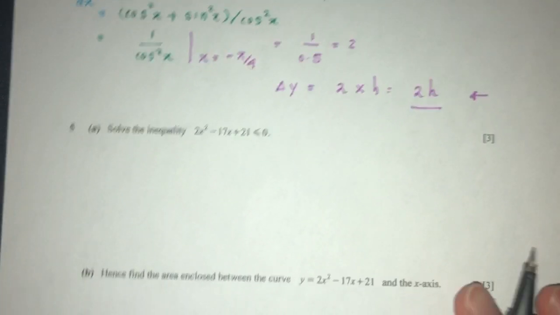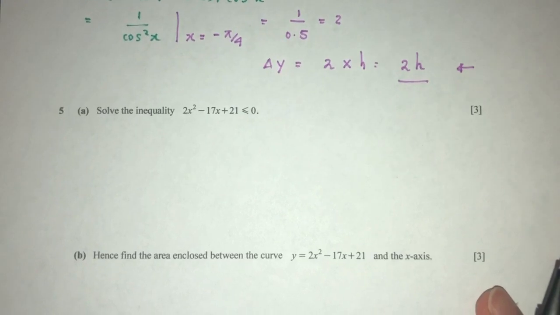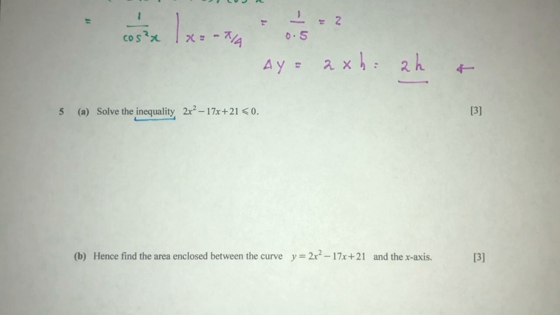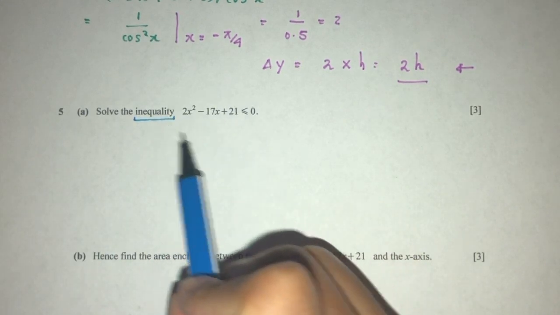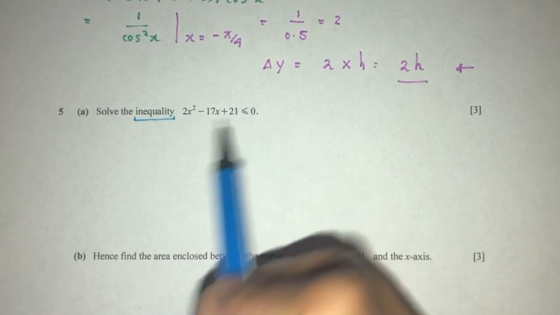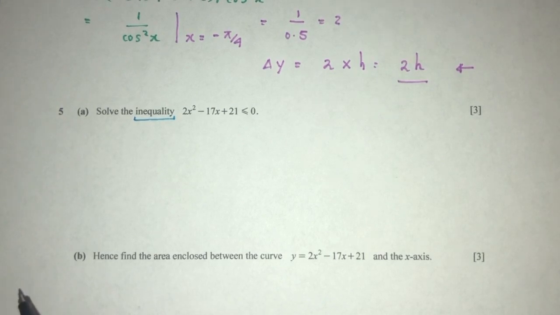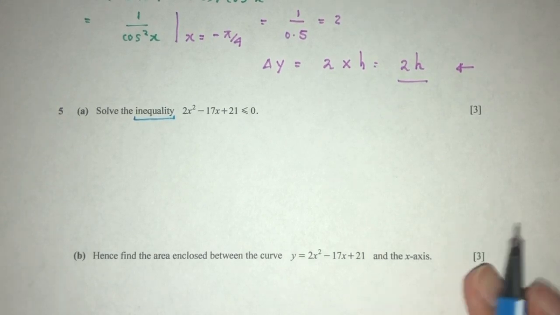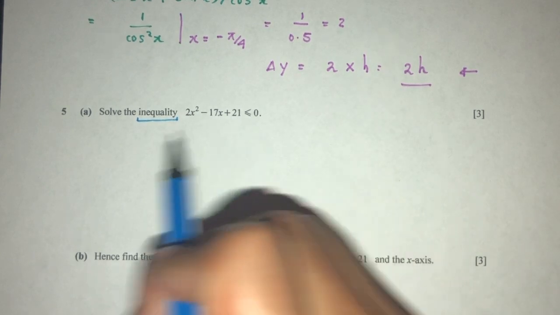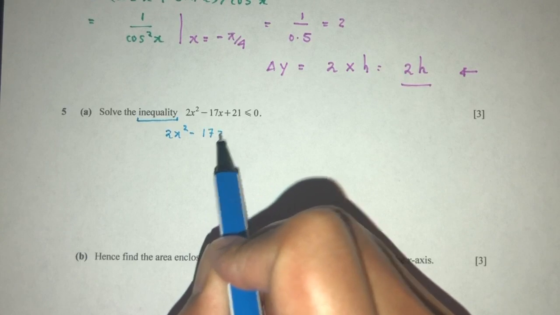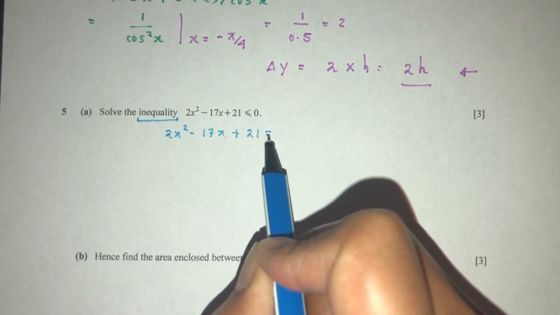Let's move on to question number 5. So here we have to solve the inequality. Step by step, as always, when we have these kinds of equations with these signs, we have to solve using the critical values. So first things first, we equate to 0: 2x squared minus 17x plus 21 equal to 0.